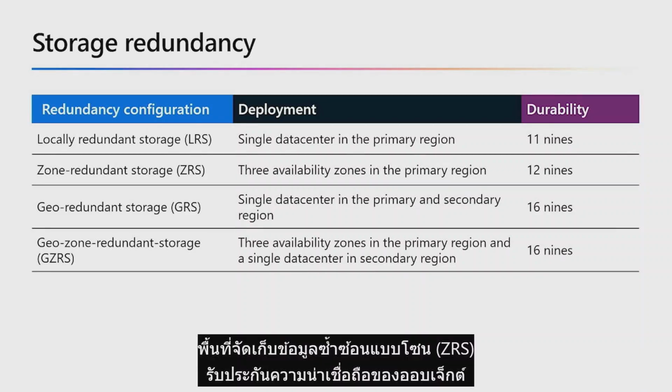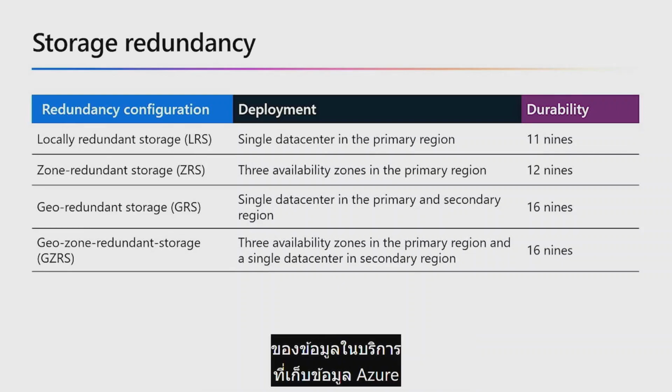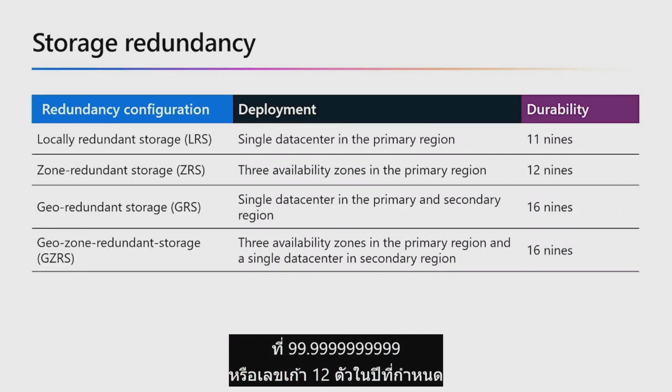Zone redundant storage (ZRS) ensures object durability of data in Azure Storage Services of at least 99.9999999999%, 12 nines over a given year.